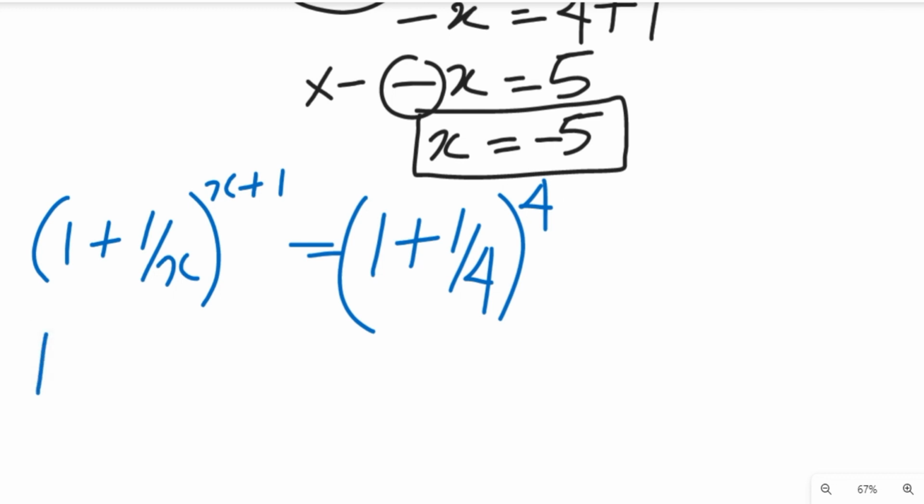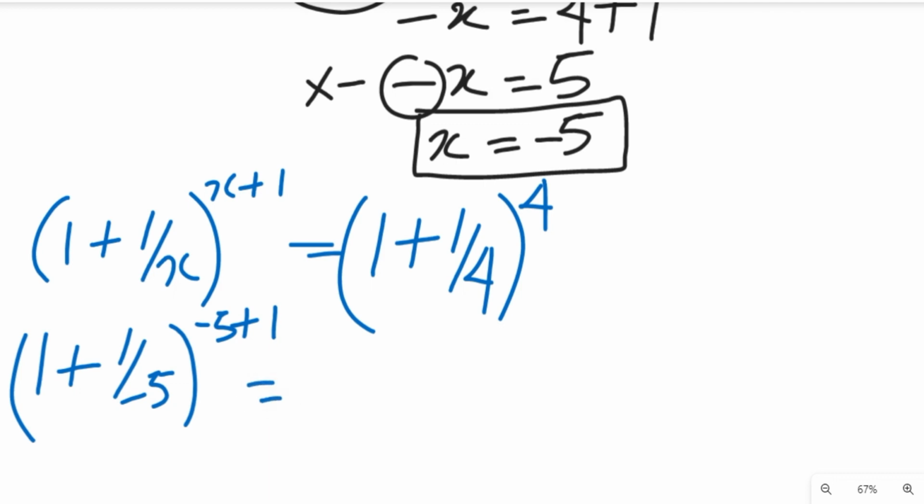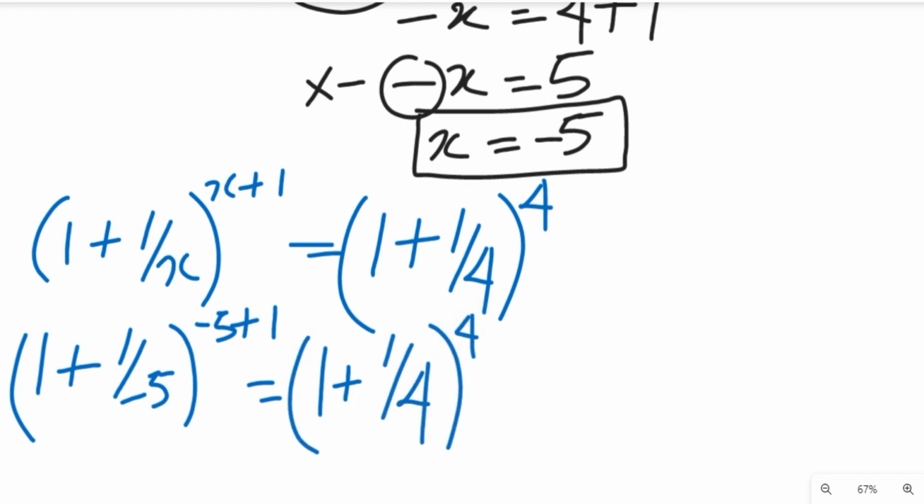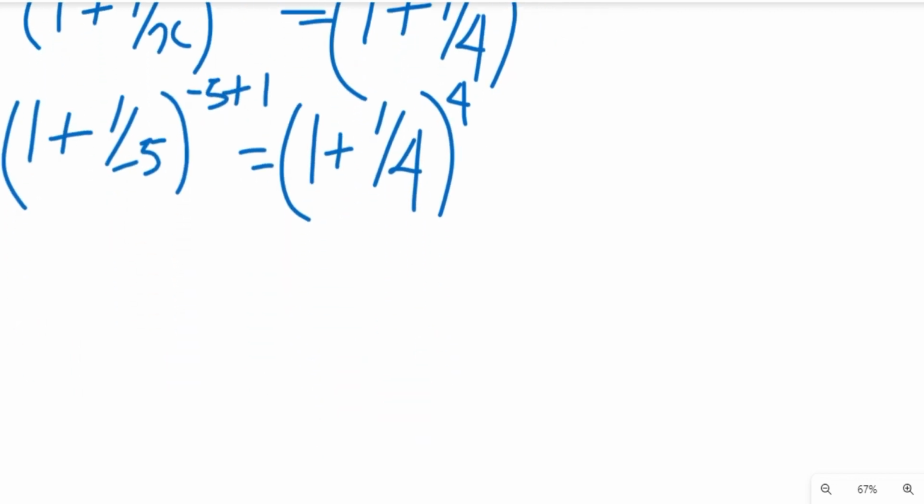We'll have 1 plus 1 divided by negative 5 all to the power of minus 5 plus 1. This will be equal to 1 plus 1 divided by 4 all to the power of what? 4. This must be equal to this.